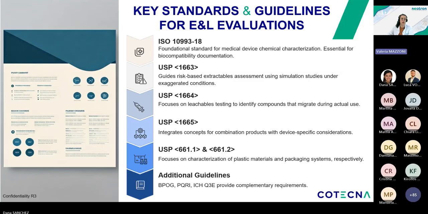And for combination products, USP <1665> integrates this concept with device-specific considerations, providing a harmonized approach. And in addition, USP <661.1> and <661.2> focus on the characterization of plastic materials and packaging systems respectively. These are vital for qualifying components used in pharmaceutical containers, closures, and delivery systems too.